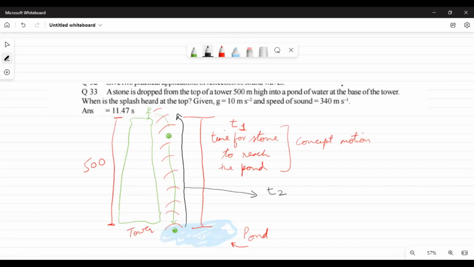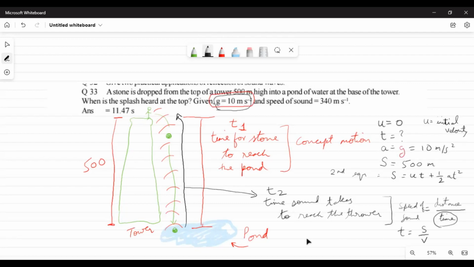So for this part, let us assume this time to be t2, the time the sound is going to take to come up to the thrower. The first part is the time taken by the stone to reach the pond. The second part is the time sound takes to reach the thrower.